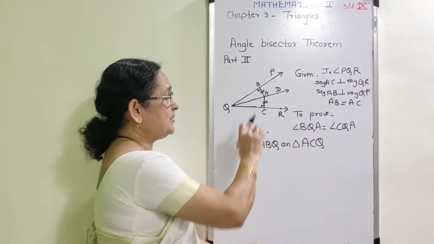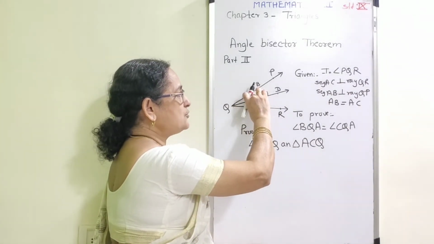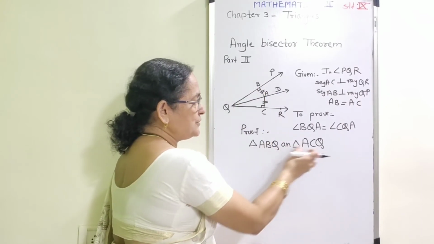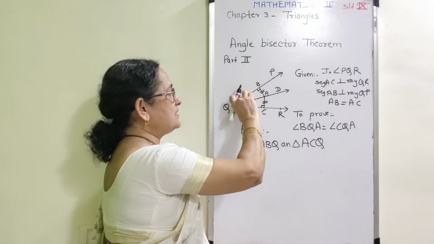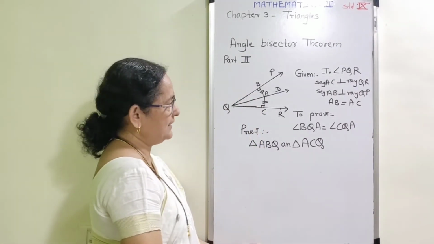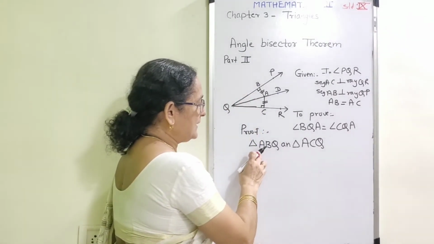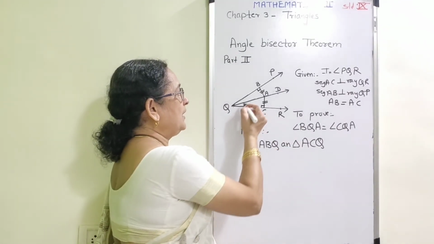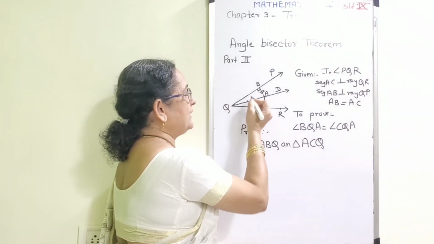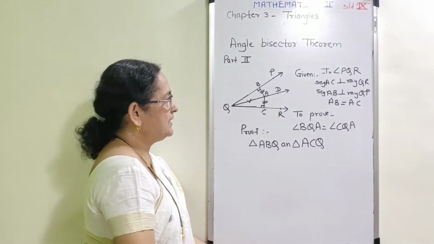Now, if you are able to prove that these two smaller triangles are congruent to each other, then these two angles are corresponding angles of congruent triangles. Now both the triangles are right angle triangles. Now hypotenuse of both the triangle is a common side.